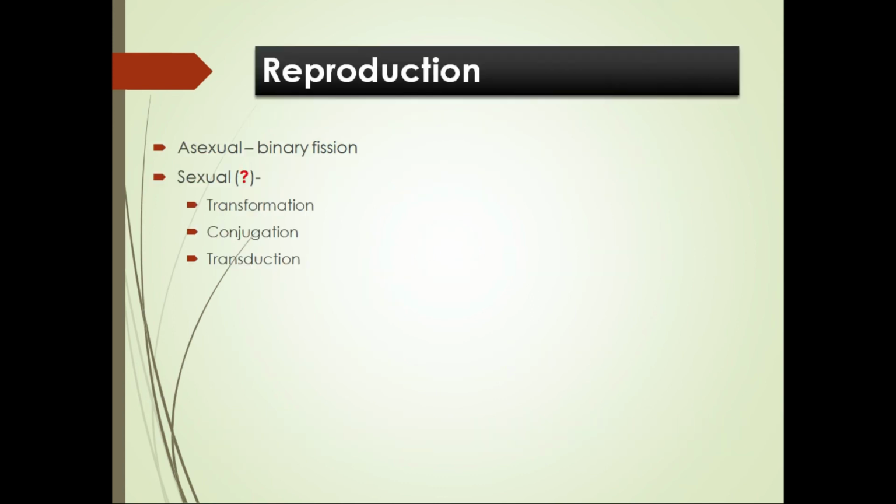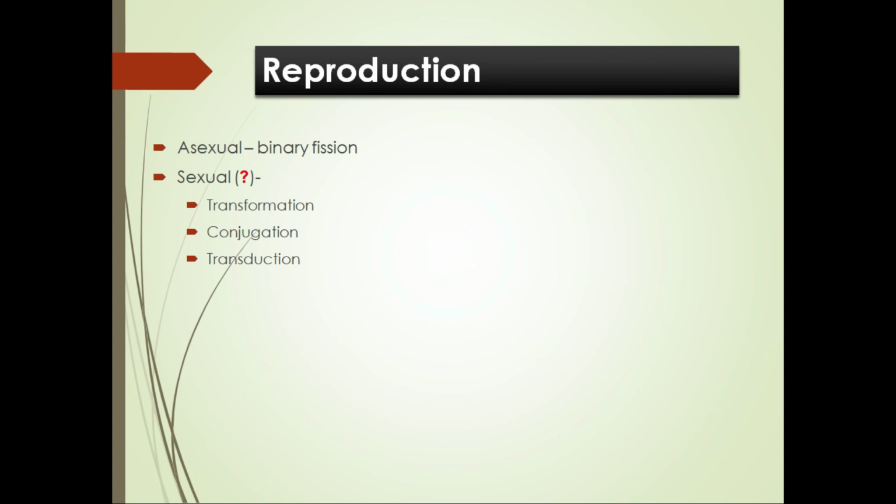Reproduction is one very important aspect of bacterial growth. We have already said that asexual or vegetative reproduction leads to growth of bacteria, an increase in the number of cells, and it occurs through a process technically known as binary fission. It is a vegetative reproduction. No sexual structure is involved, so we can call this asexual reproduction.